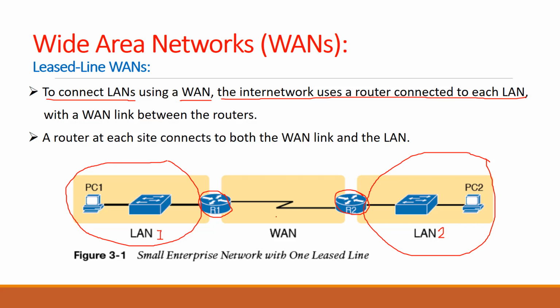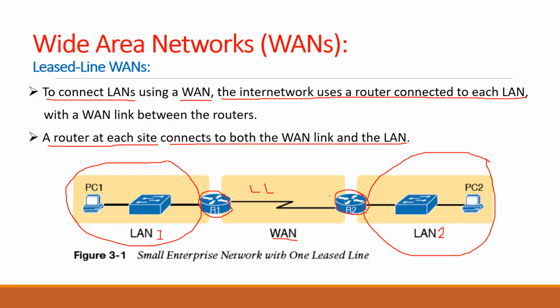So we are going to use a wide area network to connect these two LANs, and the type of WAN that we are going to use will be a leased line. A router at each site connects to both the WAN link and the LAN.